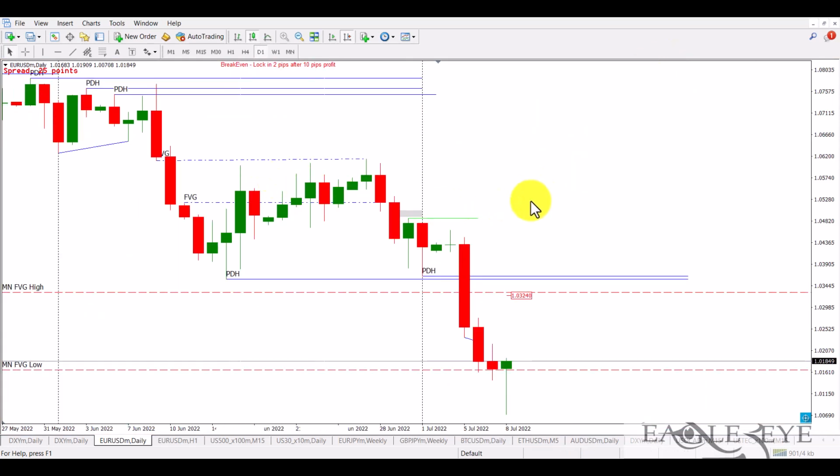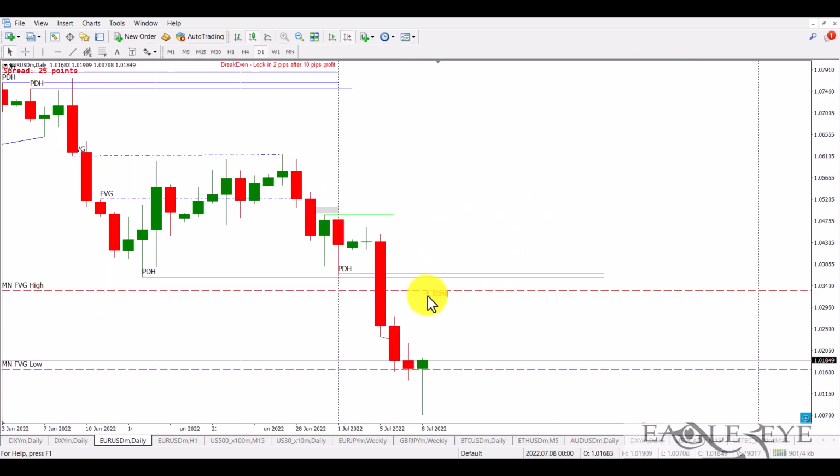On the USD, I talked about the fact that I was expecting this particular level, 1.03240, to be reached, which price did on Tuesday and then went much further down. From where price was, somewhere here, to this level was about 100 pips.